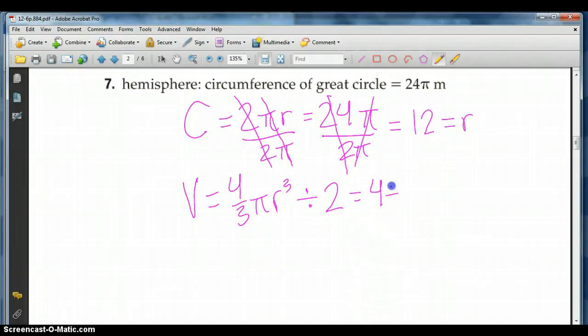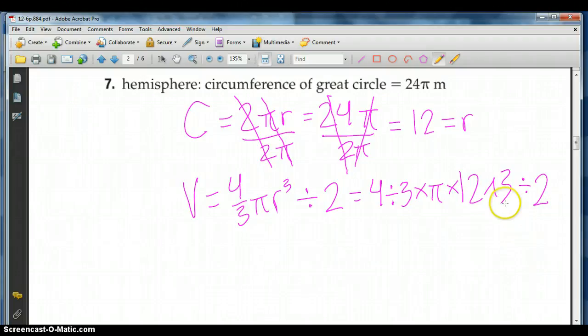So 4 divided by 3 times pi times 12 raised to the third power divided by 2 would give us approximately 3,619.1 cubic meters.